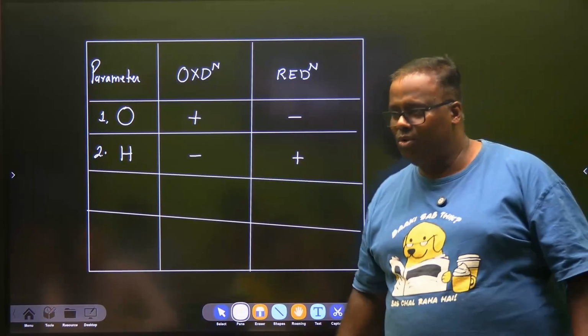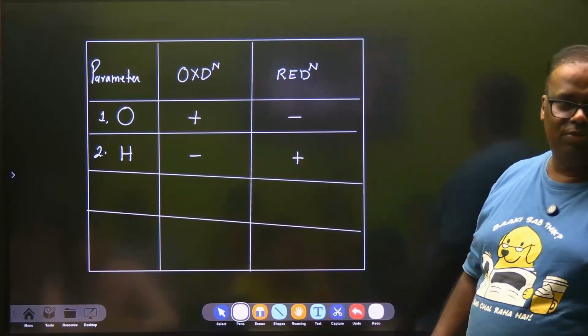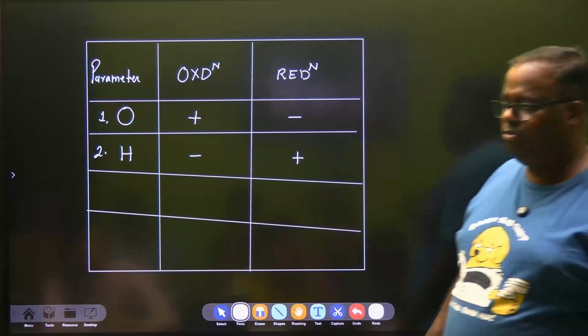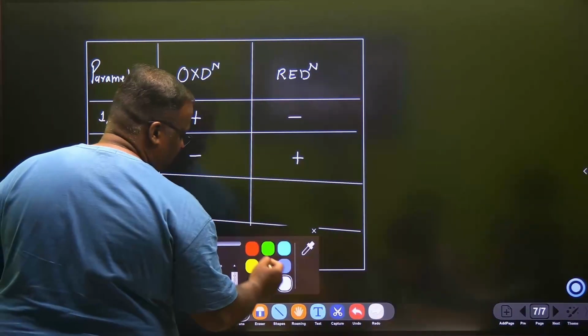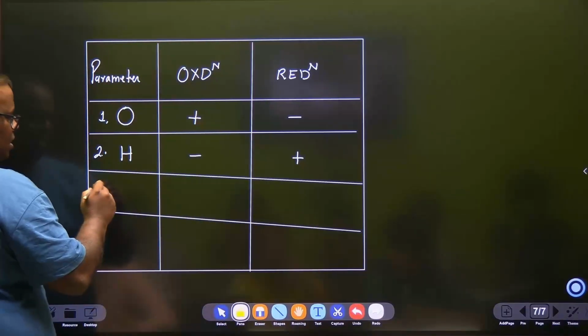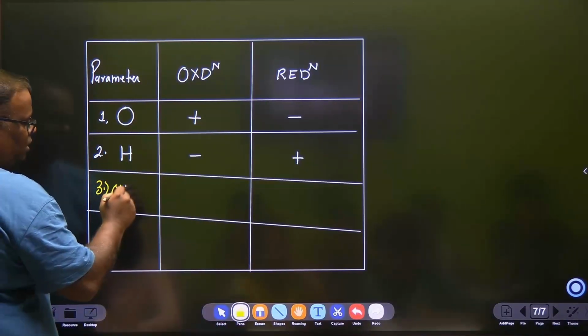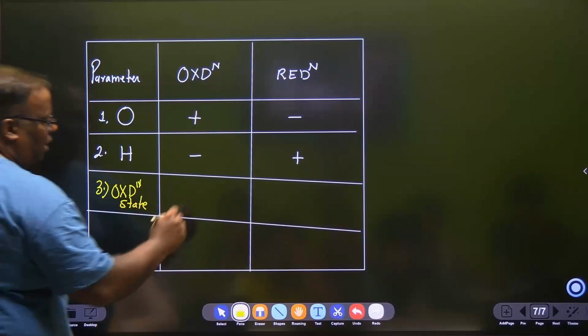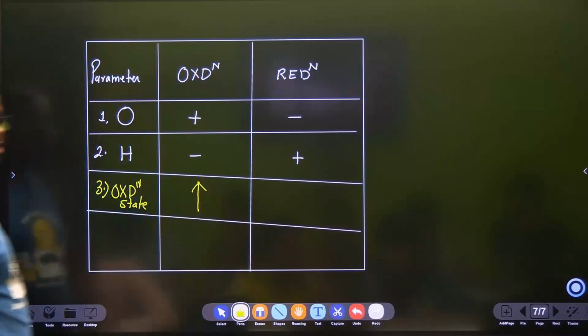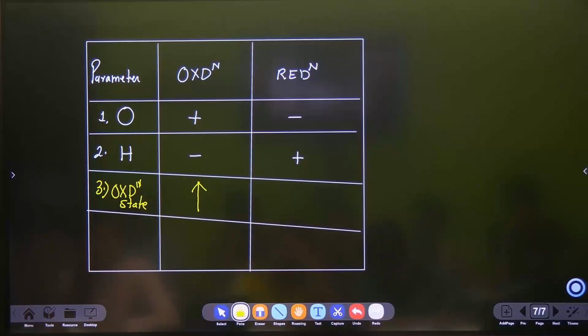Now we will open our AK-47. Our AK-47 will give us all correct answers. Have you understood this? Now let's see our AK-47. Our AK-47 is oxidation state. Simple. An increase in oxidation state is oxidation.